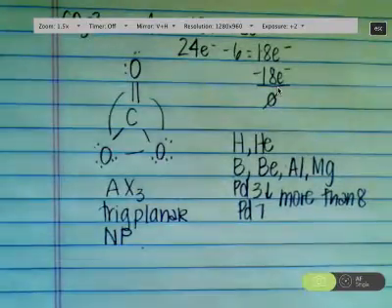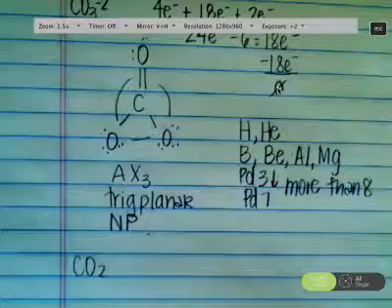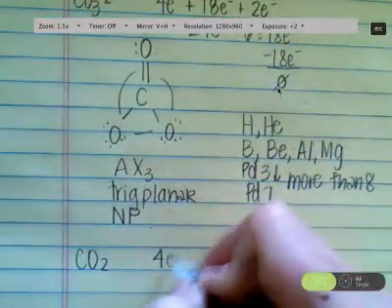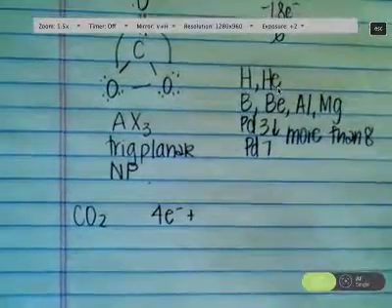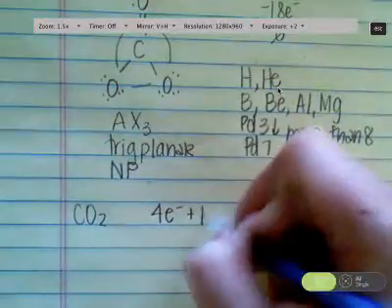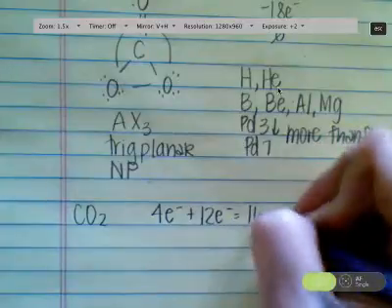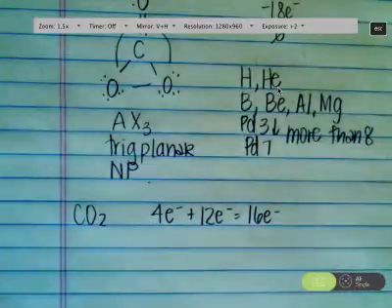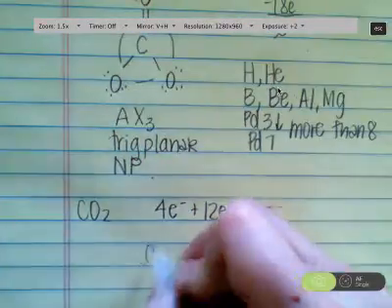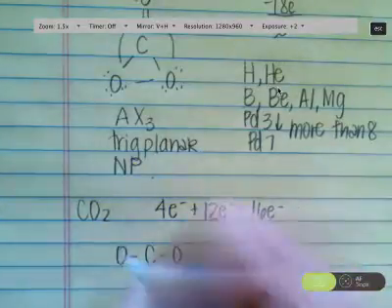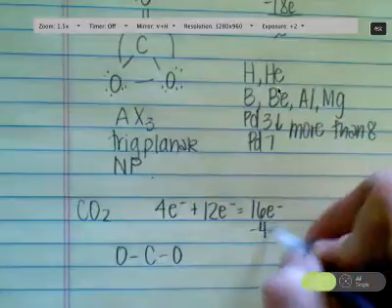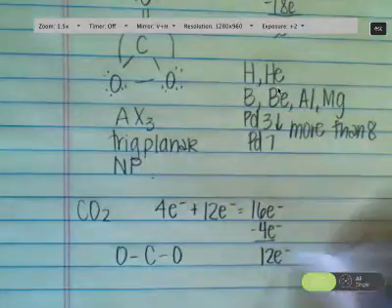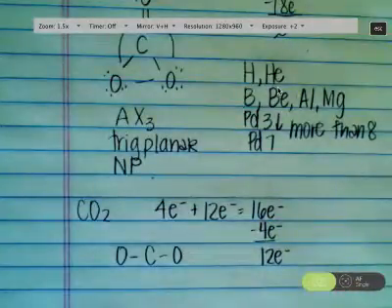All right. CO2 is the next one. Carbon has 4. Oxygen has 6 times 2. That's 12. I have 16 electrons. What goes in the middle? Carbon, oxygen, oxygen. Okay, I used up 4 electrons. I now have 12 left. Where do I put them?